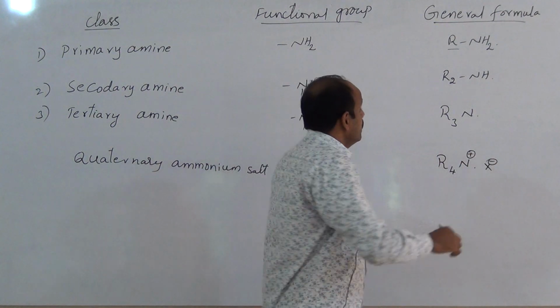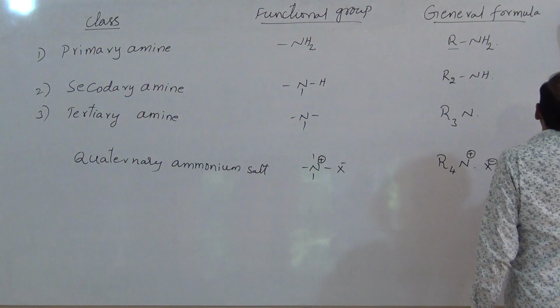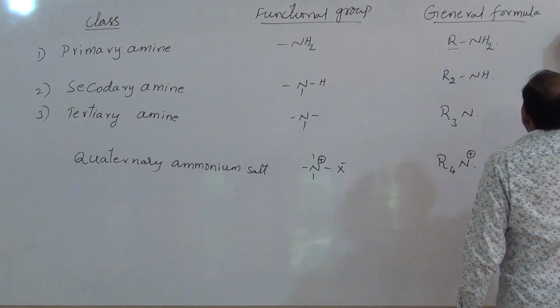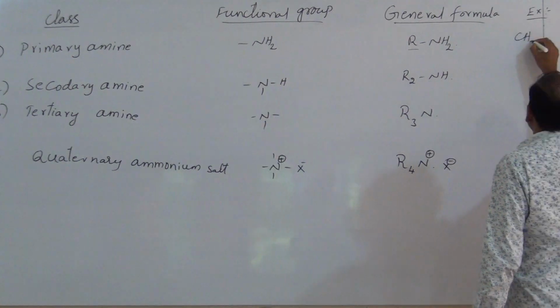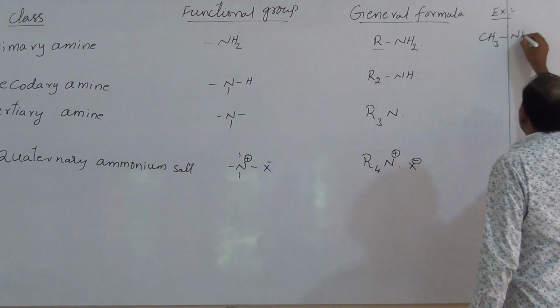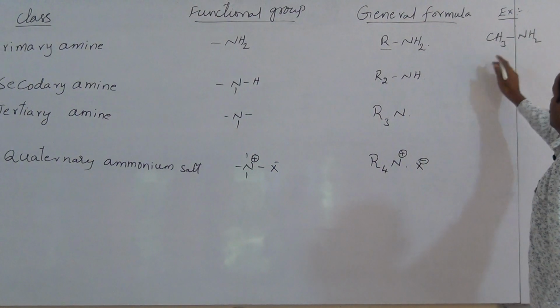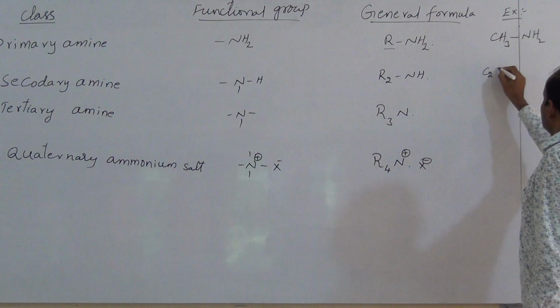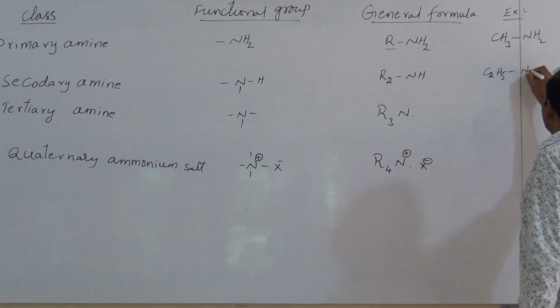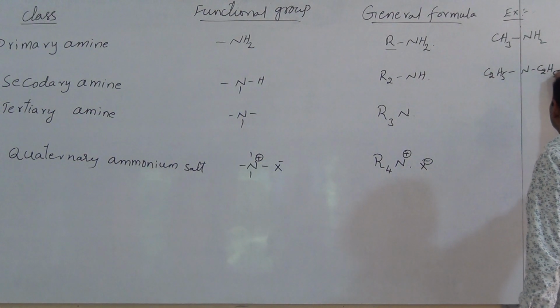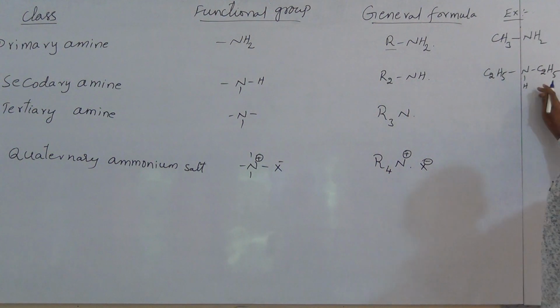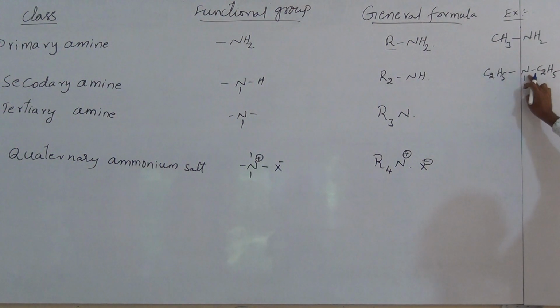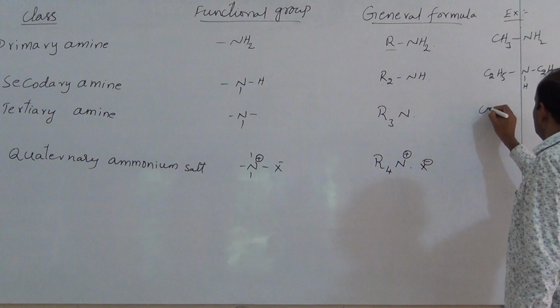And what are the examples for all these types of amines? You can take any alkyl group or aryl group: methylamine, and C2H5NHC2H5, which is diethylamine.